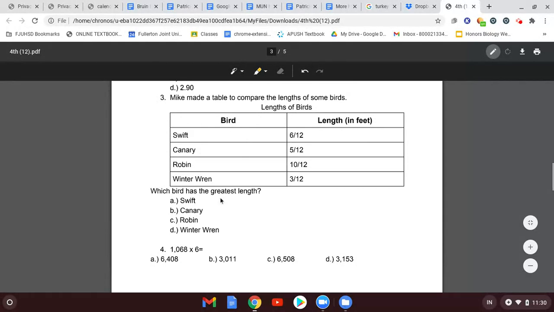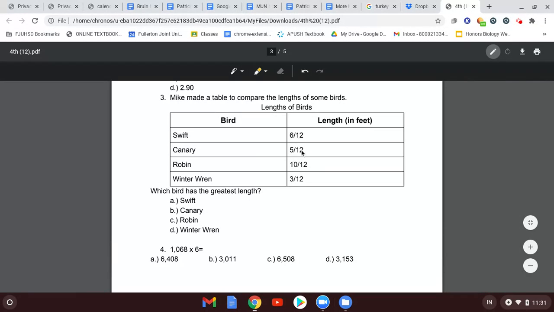Okay, which bird has the greatest length? For this one, it's basically the number that is the biggest. So for these ones, you can just think of it as which number is the biggest.